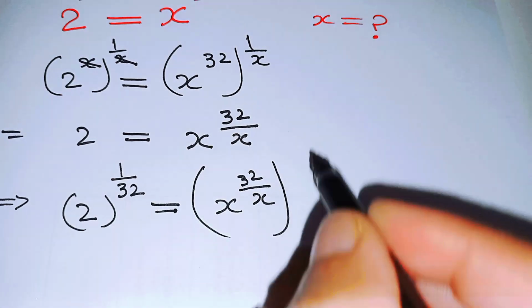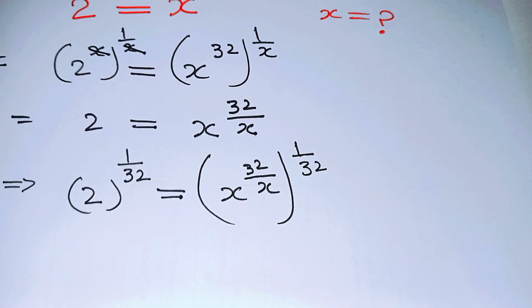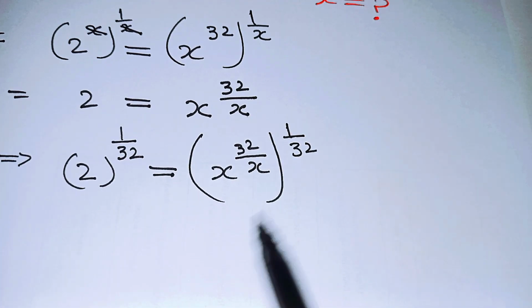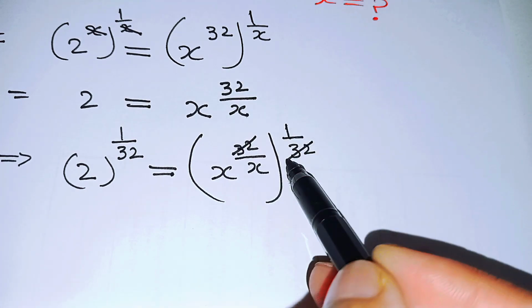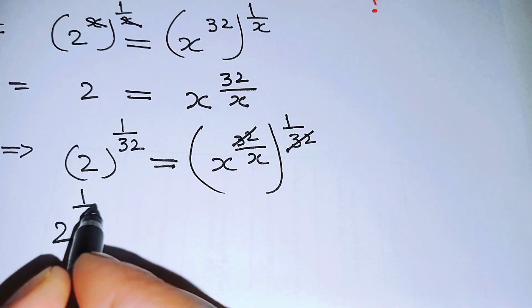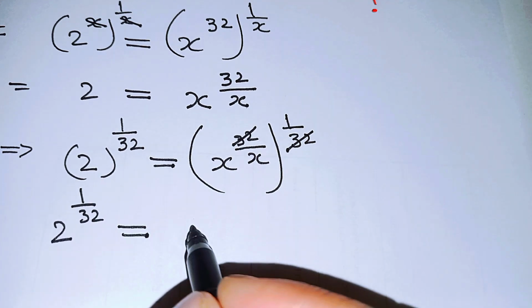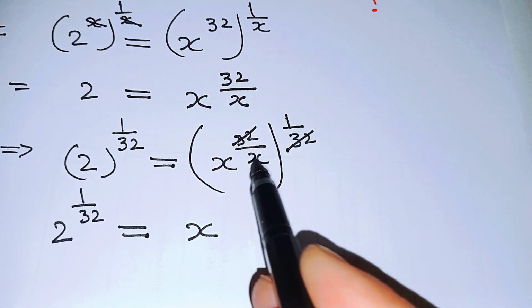Then again we raise both sides to the power of 1 over 32. So we cancel this 32 with this 32, and here it is 2 to the power of 1 over 32 is equal to x to the power of 1 over x.